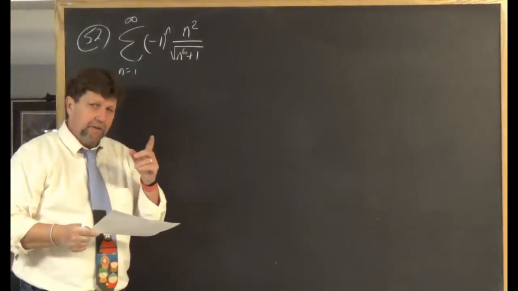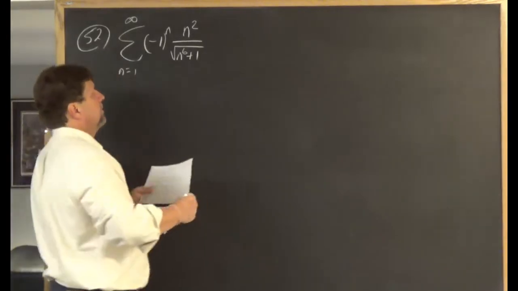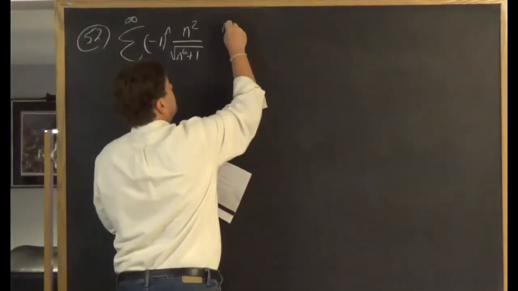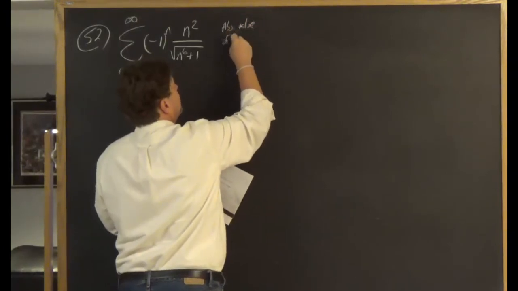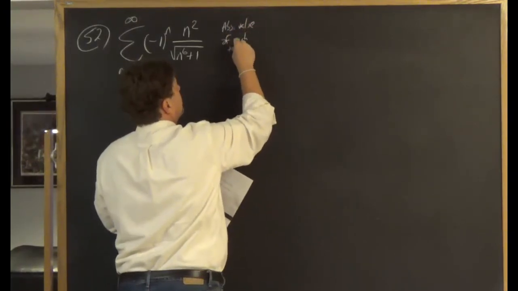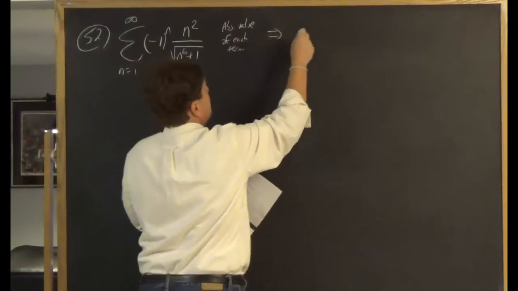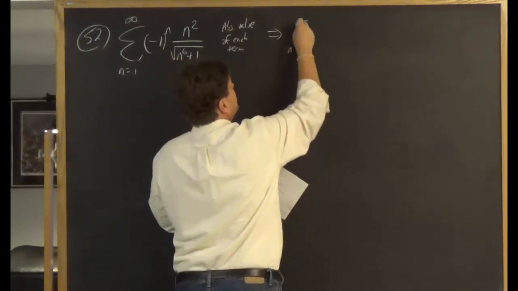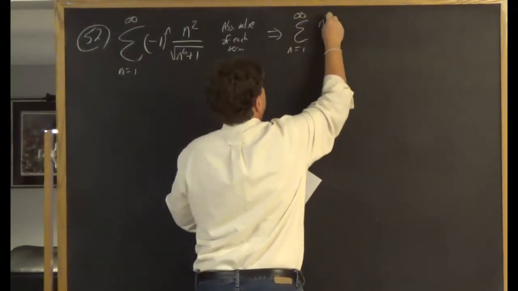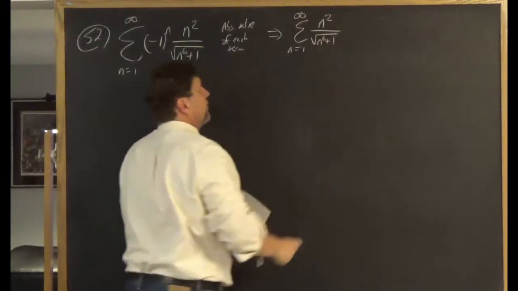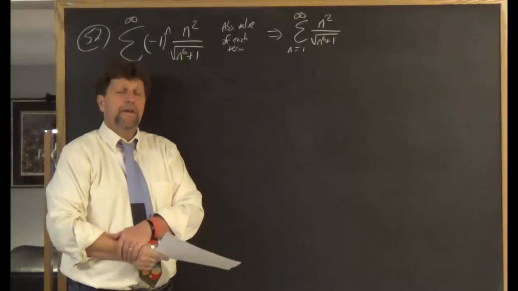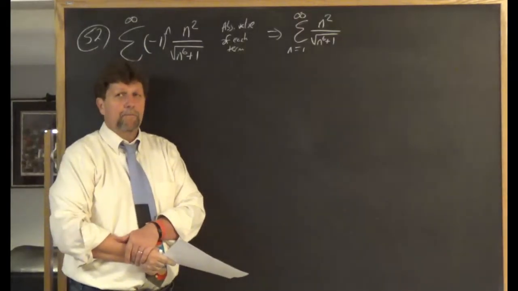If I take the absolute value of each term, that would give me the series n equals 1 to infinity n squared over the square root of n to the 6 plus 1.